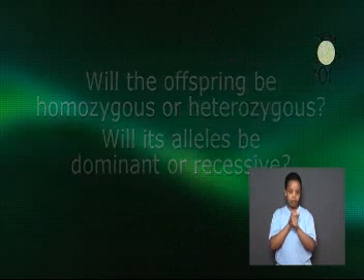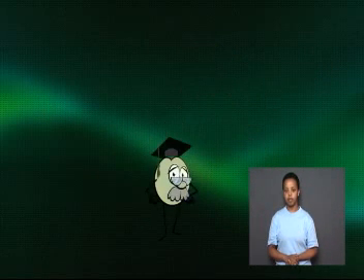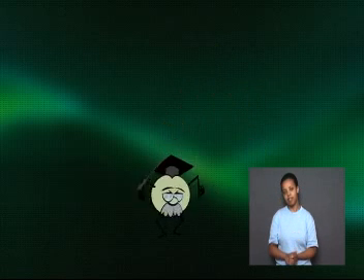Time's up. Let's get back to our lesson. Hello again. I wonder what your group concluded about this question. The correct answer is that the offspring will mostly have the dominant traits of the grandparent, pure lines, but its alleles will be heterozygous.